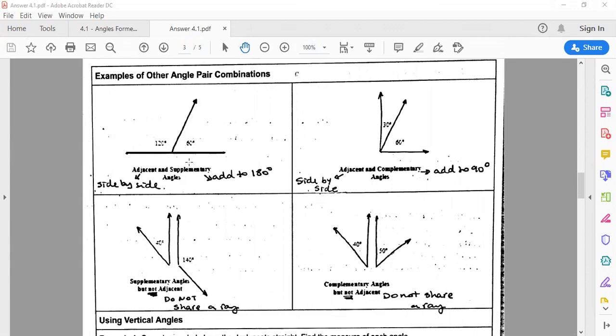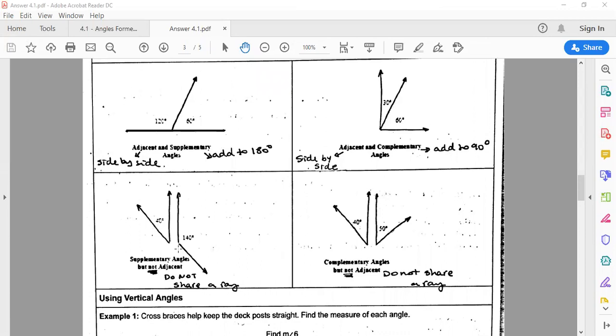These are adjacent, and they're also supplementary because they add to 180. 120 plus 60 would be 180. Okay, so these are adjacent and supplementary. On the second box here, these two angles, they're adjacent because they share a ray, and they're also complementary because 30 plus 60 is 90. They add up to 90, so they're complementary.